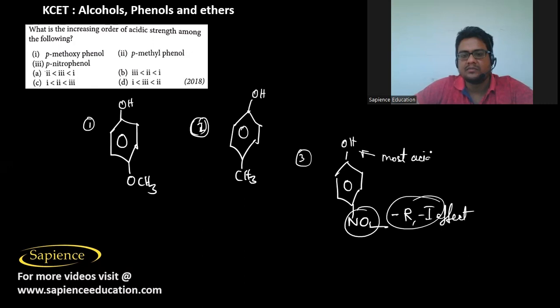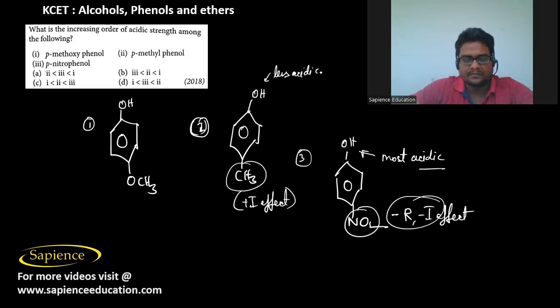And the methyl group has got plus I effect, so it is an electron donating group. So it will increase the electron density in the benzene ring, so it will reduce the acidity of phenols. So hence this hydrogen is less acidic than phenol.